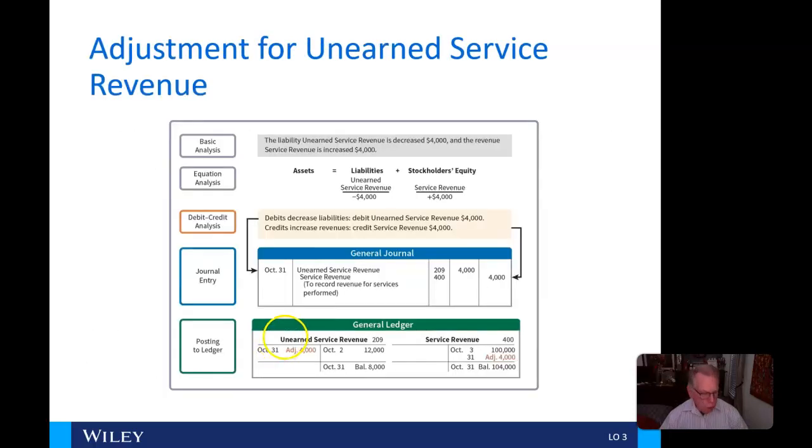And so in October, we're going to have a debit to unearned service revenue that will reduce that liability by $4,000, and then a credit to service revenue, earned revenue on the income statement, showing that we've earned that revenue.